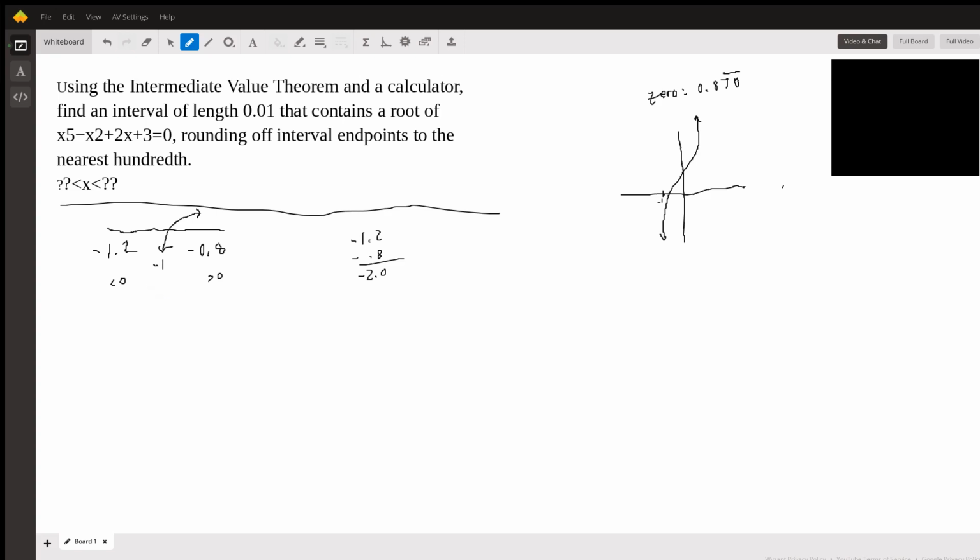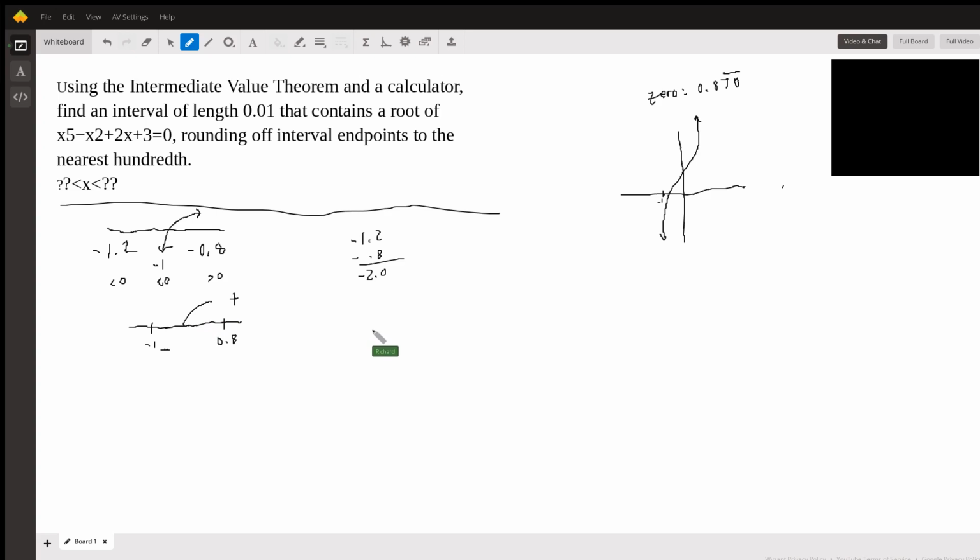So now I'm going to test in the middle here, -1. And what do I find out? -1 is negative. Therefore, the new interval of interest is going to be from -1 to -0.8, because to the left y is negative, and to the right y is positive. And so the curve must go through these two.